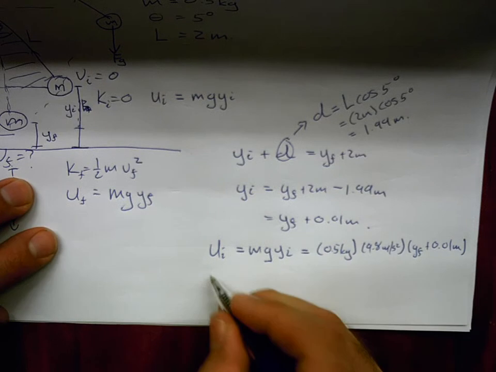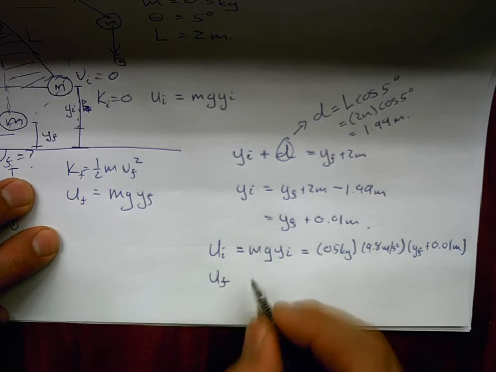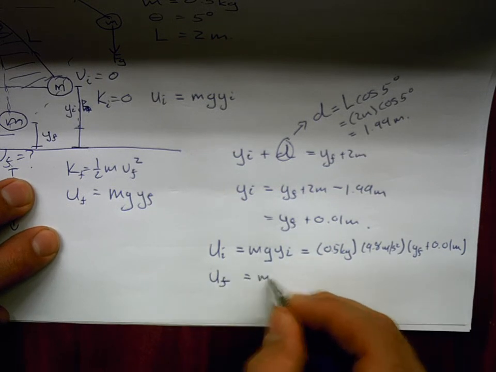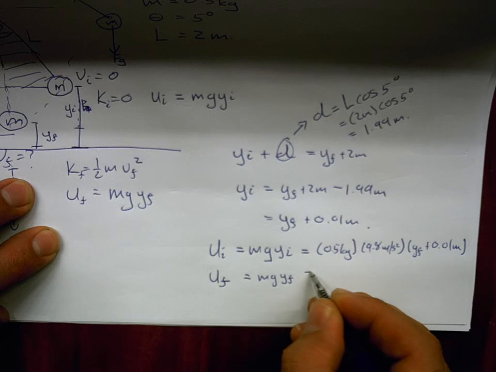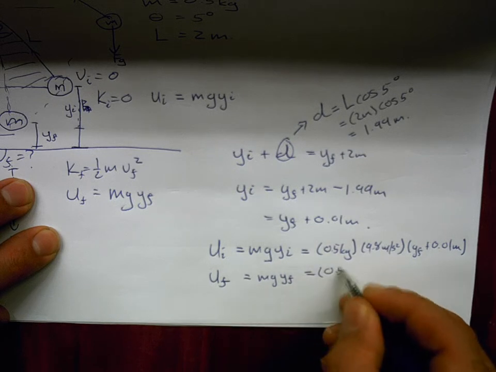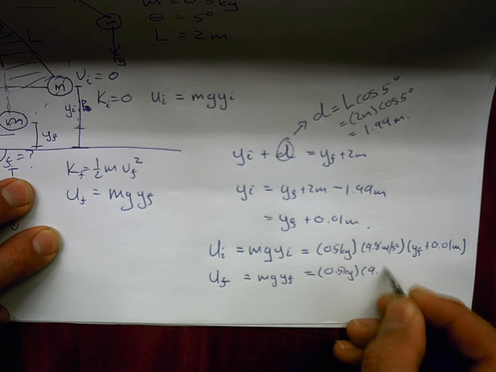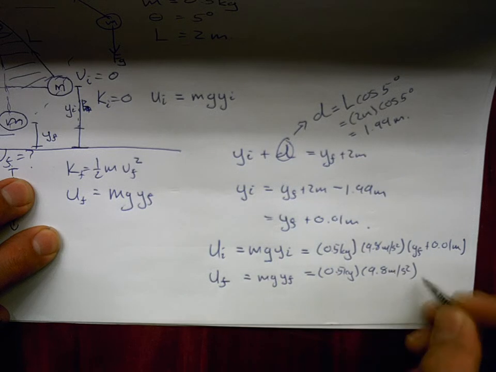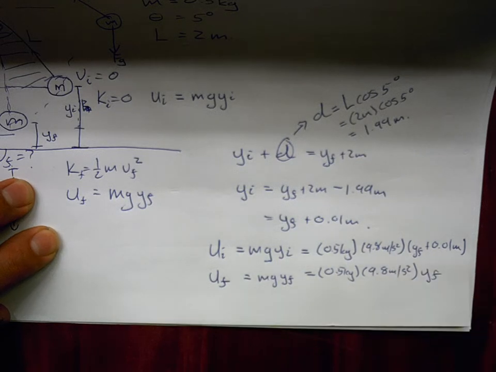And we can say that the final potential energy is equal to mg times y final. This is equal to 0.5 kg times 9.8 meters per second squared times whatever y final is.